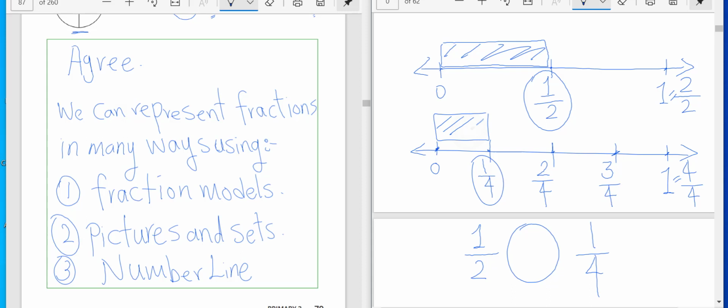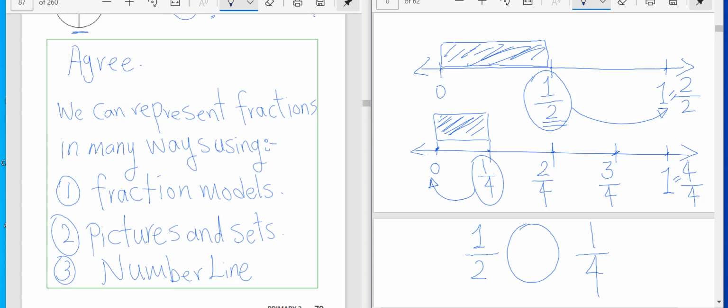We know that the size of half is more than, greater than, or larger than the size of fourth. And we know that half is nearest to 1 and fourth is nearest to 0. So half is more than fourth.